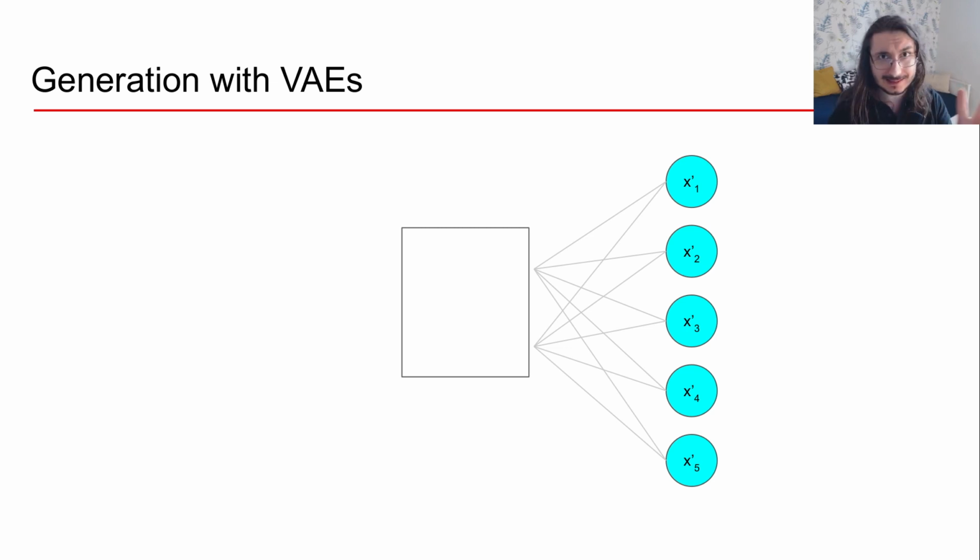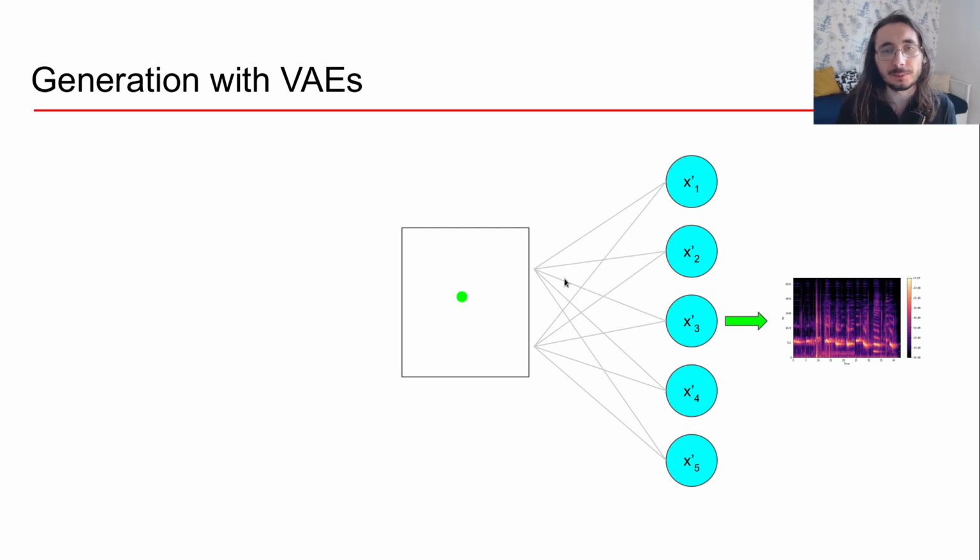For this second approach, you just drop the encoder part of the variational autoencoder, and what you do is sample a random point in the latent space, and then you feed it to the decoder, and the decoder hopefully will come up with a new spectrogram that the generator has never seen before. So these are the two approaches that we have here.